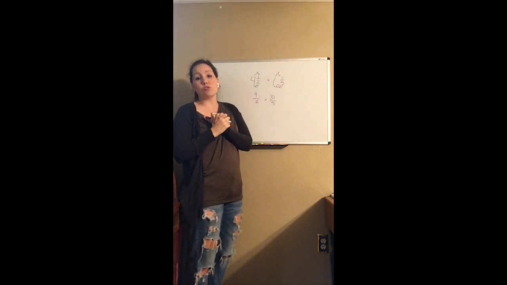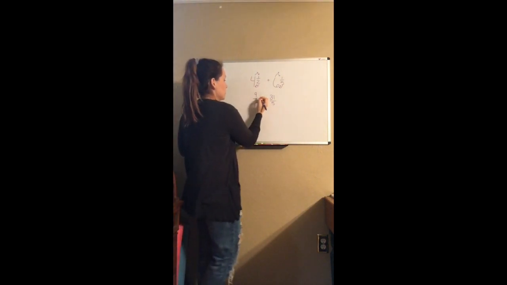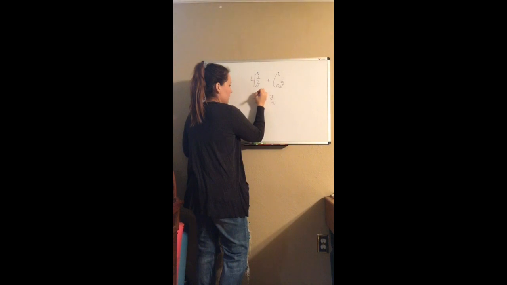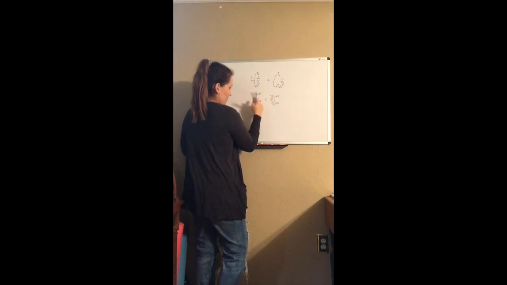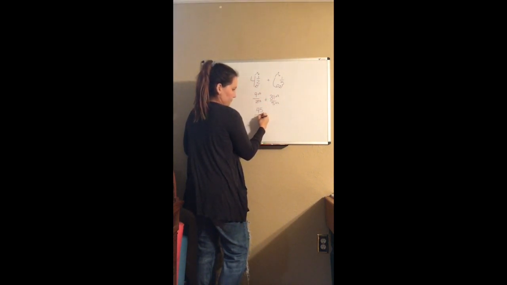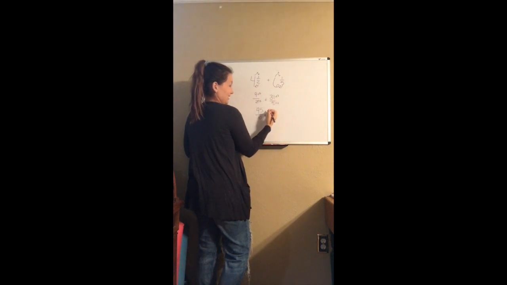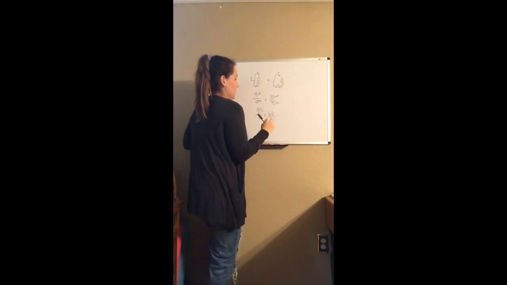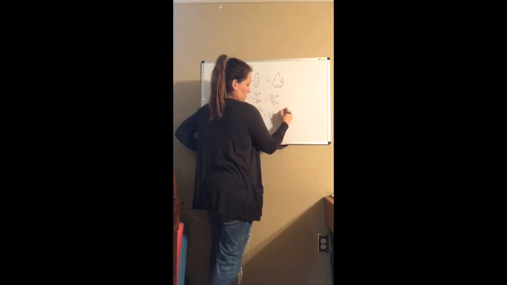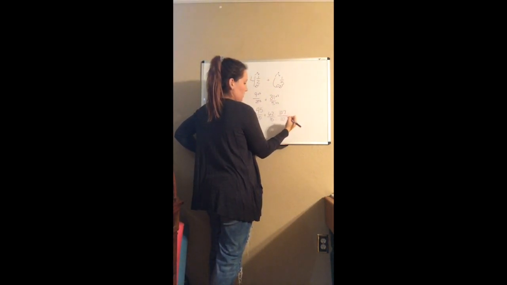As an LCM, you should have gotten 10 for these two numbers. So multiplying this side by 5 and this side by 2. So we have 9 times 5 is 45/10, plus 62/10. And then we can add those two together, and you should have gotten 107/10.